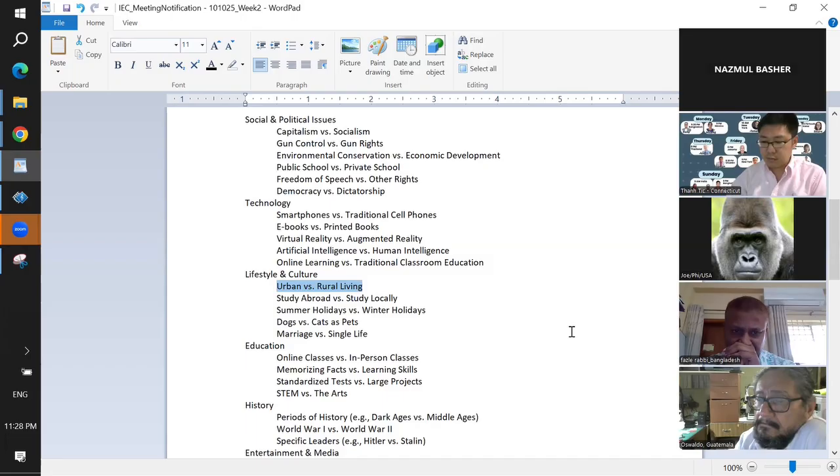So this is a very interesting point, that in urban living people get everything easily and in rural living it is hard. I think that's the difference between urban and rural living.